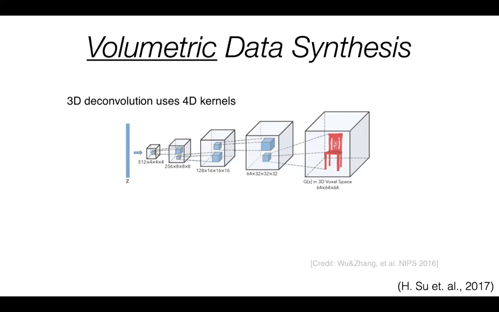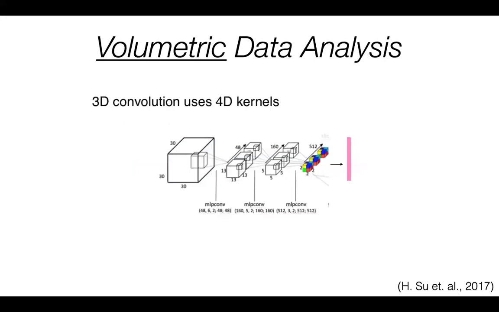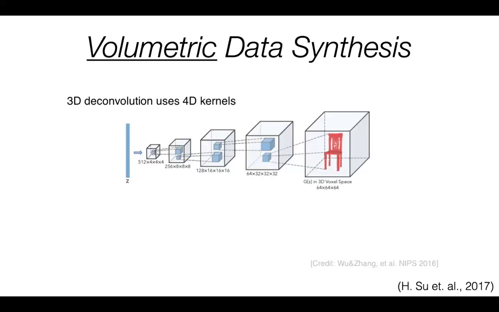But usually what's going to happen is that we will combine analysis with synthesis, and we are going to train with a fully convolutional 3D network. And we are going to see this in detail further on in the course.